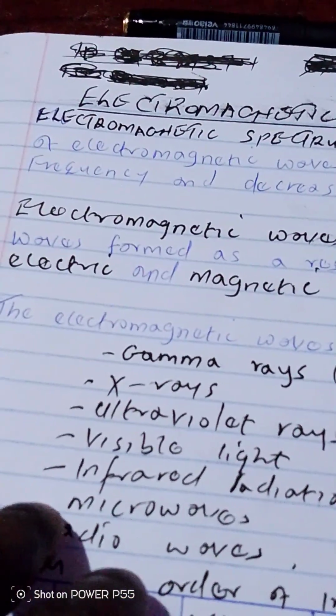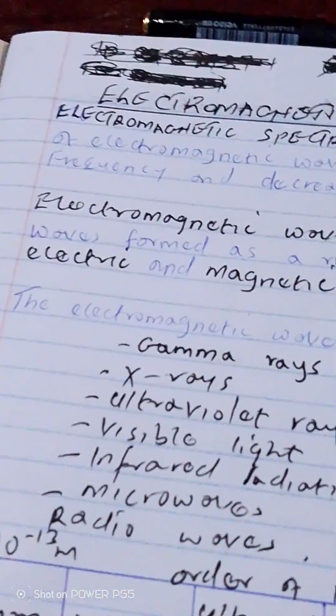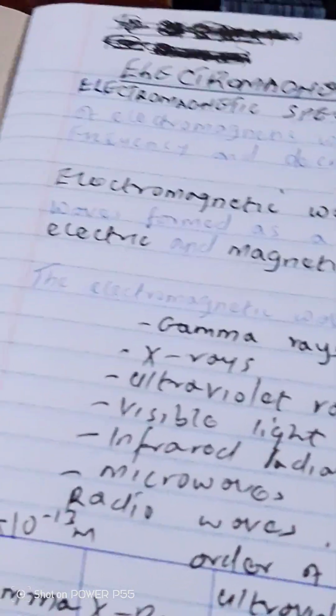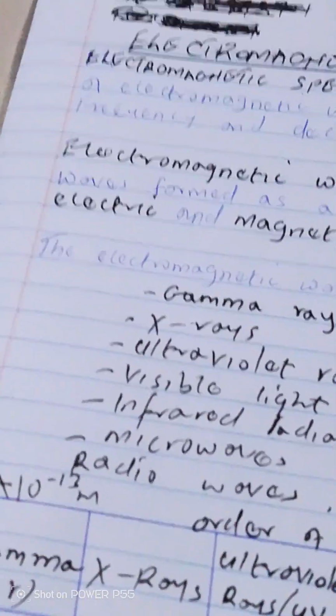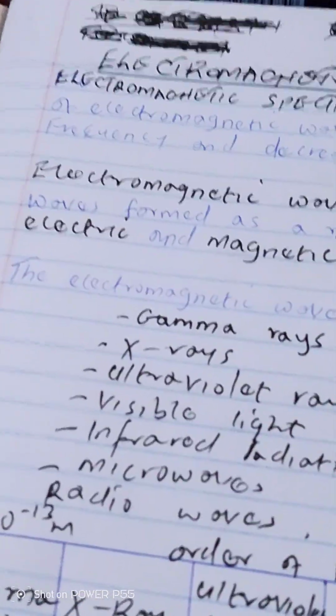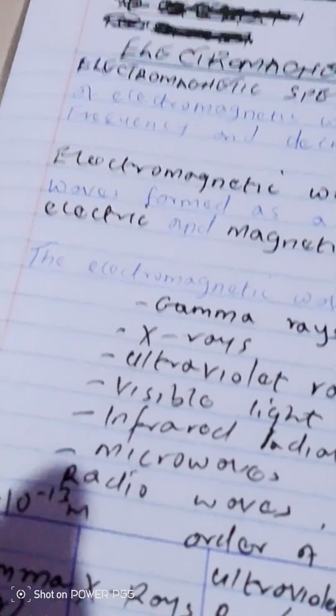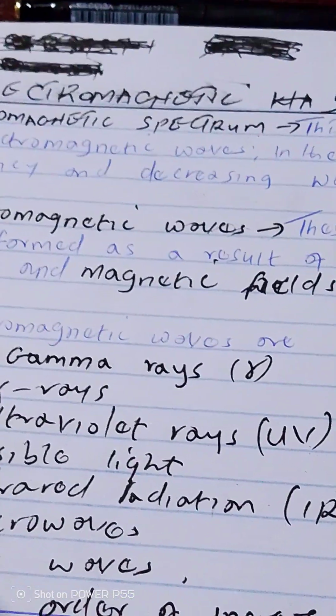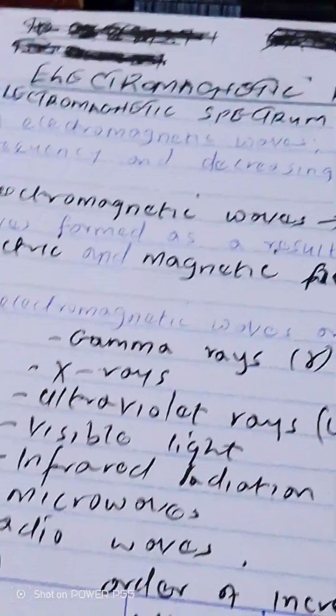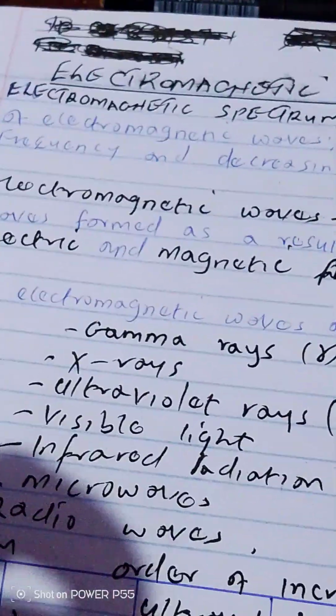Today we want to talk about the electromagnetic spectrum, which is an atomic physics topic in Form 4. The electromagnetic spectrum comes as a result of the arrangement of electromagnetic waves in the order of their increasing frequency or increasing wavelength.